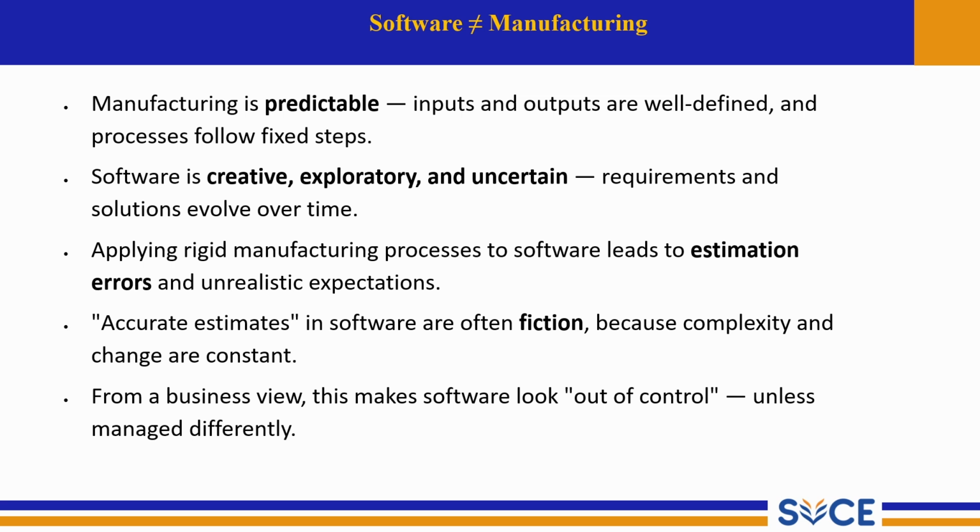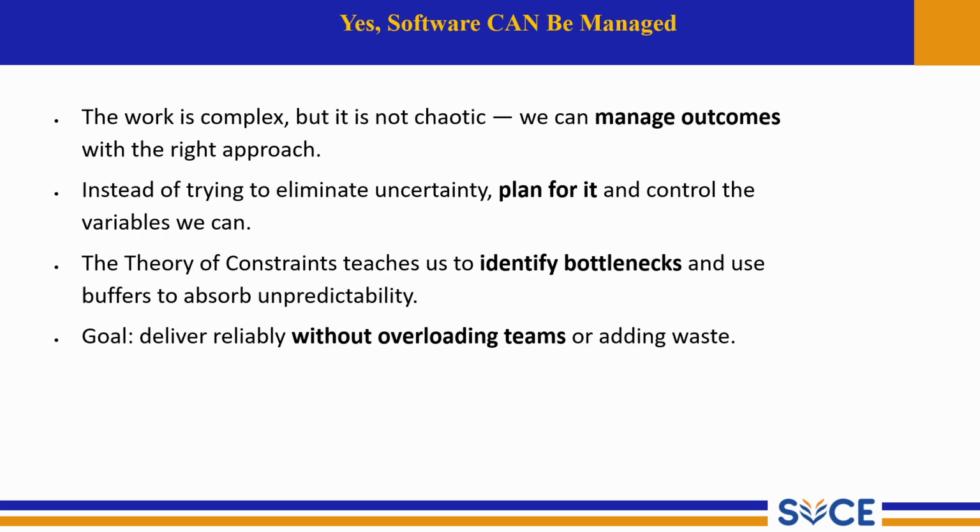Applying a rigid manufacturing process to software leads to estimation errors and unrealistic expectations. So, accurate estimates in software are often fiction because complexity and change are constant. From a business view, this makes software look out of control unless managed differently.